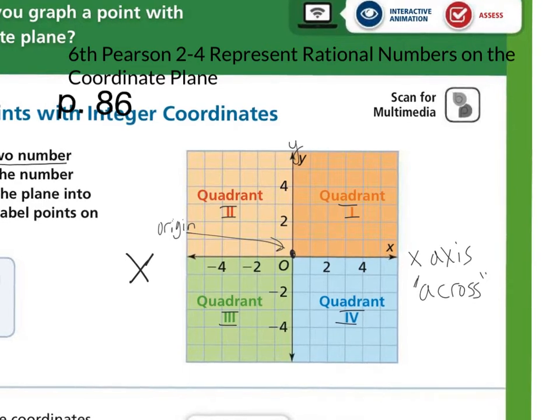The y-axis goes up and down. One way to help you remember that is when you nod your head to say yes, that goes up and down. Just like yes starts with the letter y, the y-axis goes up and down.